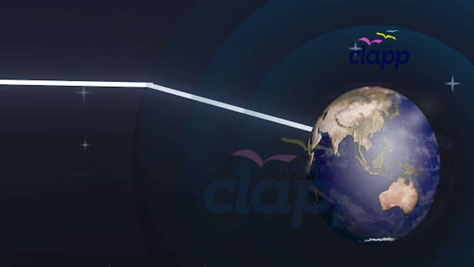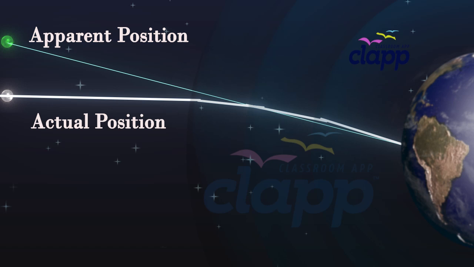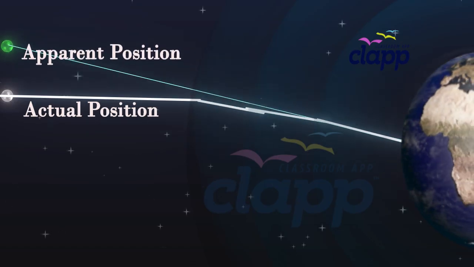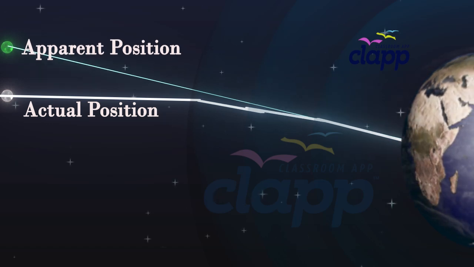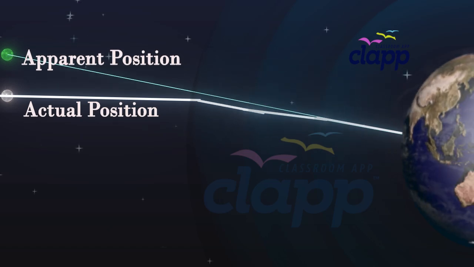Since the atmosphere bends starlight towards the normal, the apparent position of the star is slightly different from its actual position. The star appears slightly higher, or above, than its actual position when viewed near the horizon. Further, this apparent position of the star is not stationary, but keeps on changing slightly, since the physical conditions of the Earth's atmosphere are not stationary.